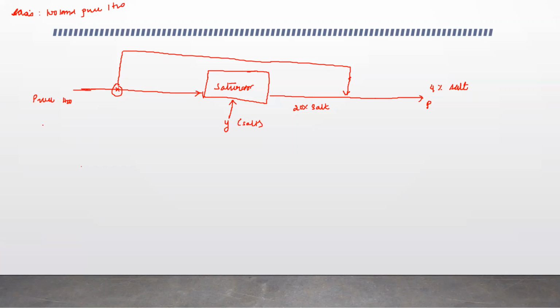Everything is by weight. So we have 100 kg pure water over here. Let's assume that out of it, X goes into the saturator, and then 100 minus X goes from here, right? So that's what we have.